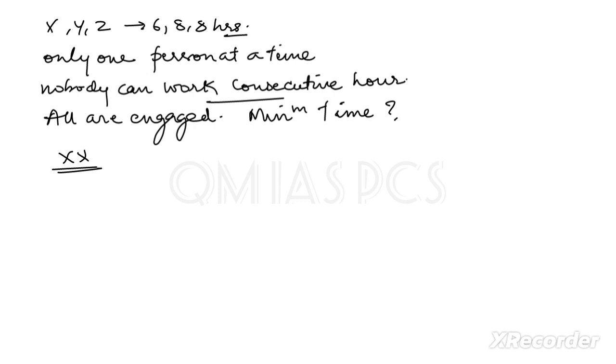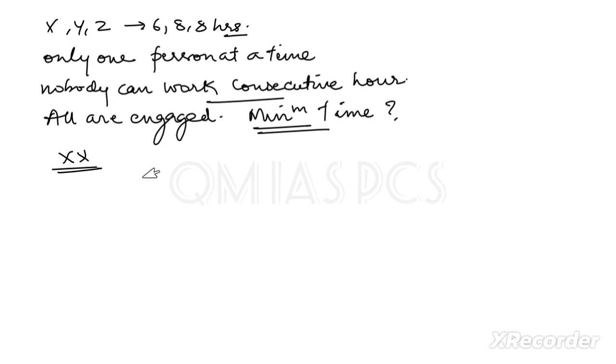And everyone is engaged to finish that work. We have to find the minimum amount of time they will take to finish that work. So X, Y, Z, everyone is engaged in this work, but they are not working in consecutive hours. Right?